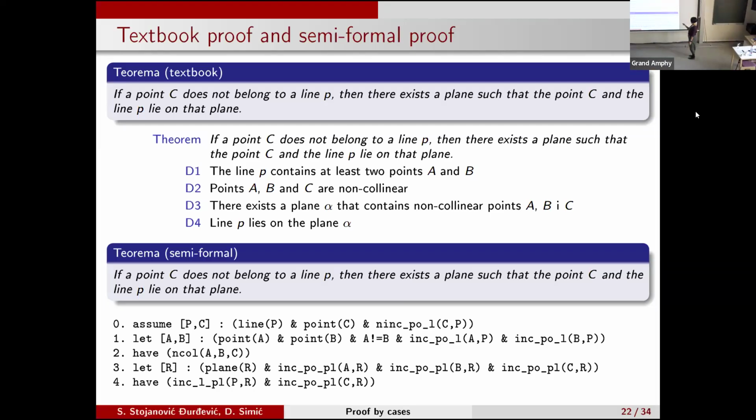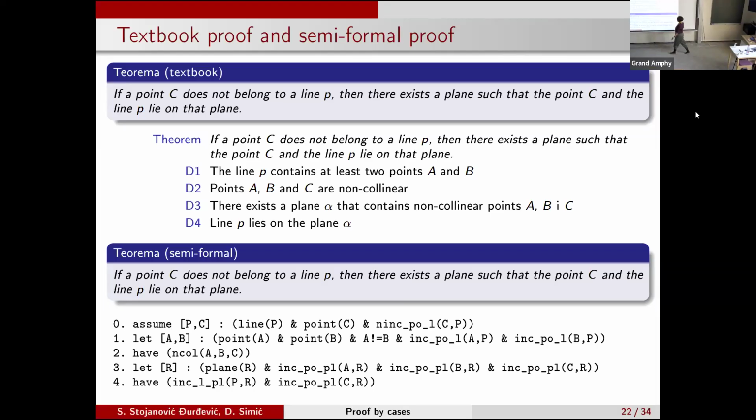So we have a point C, we have a line L, and we know that the point C doesn't belong to line L. And this is where we stop. Now we need to prove the rest, and from here we go to the proof. In each step of the proof, we have 4 steps, we have 4 semi-formal languages.